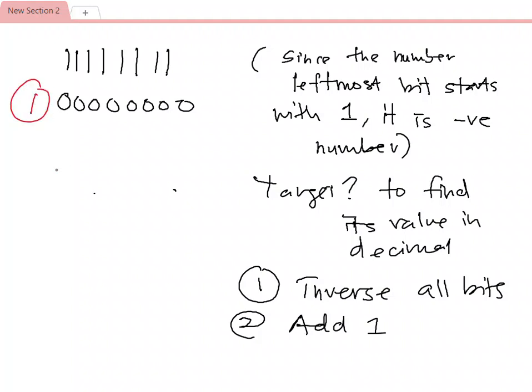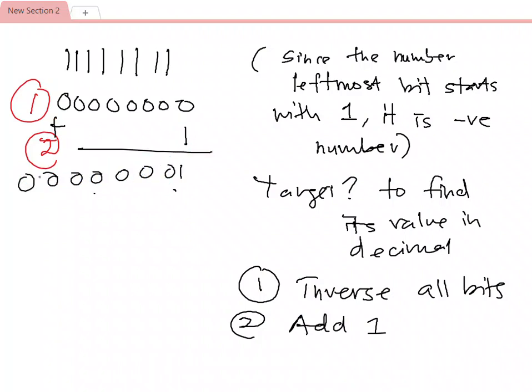So this is the first step. Second step, plus 1. So from here we know that the value equals 1. But remember to add step 3, get the value.